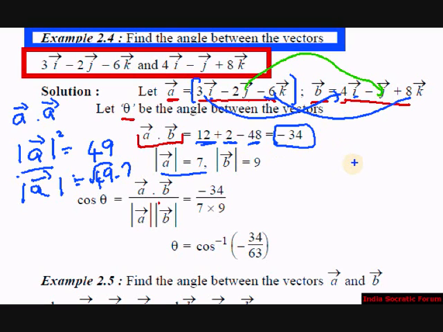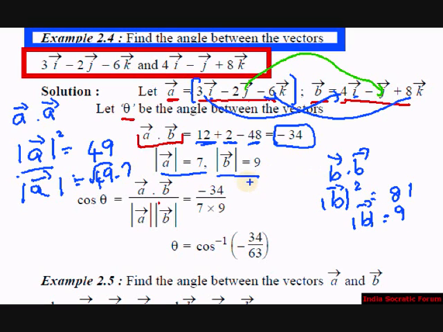Same way we do the B vector. We find the B vector by doing a dot product of it with itself, that is equal to modulus of B square, that is equal to 16 plus 1 plus 64, 81, equal to 81. So modulus of B vector is going to be 9.